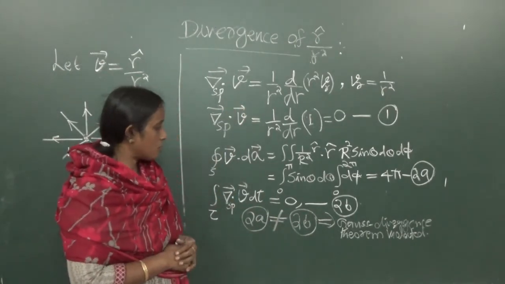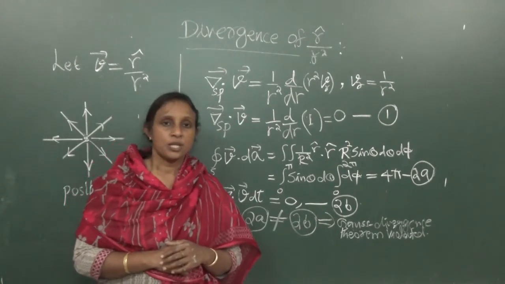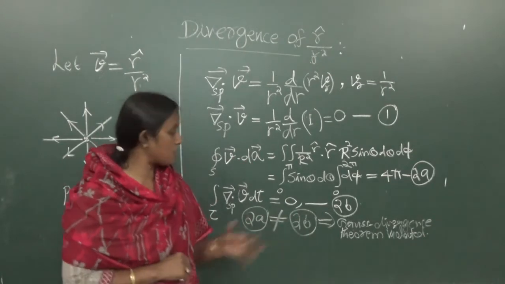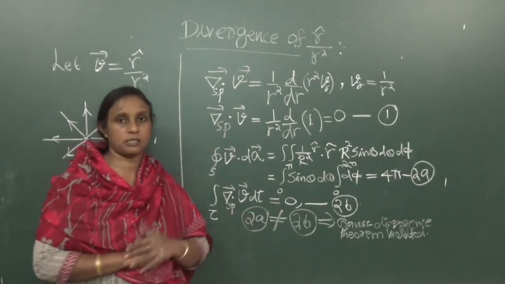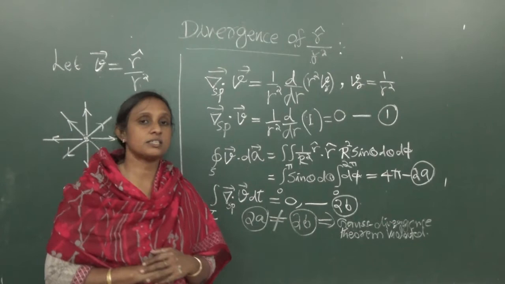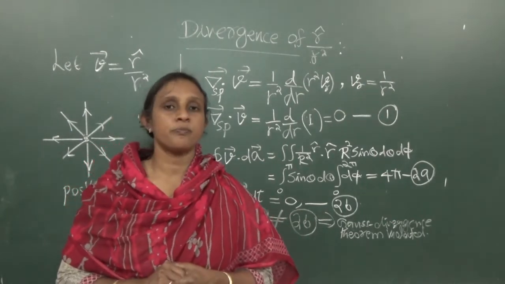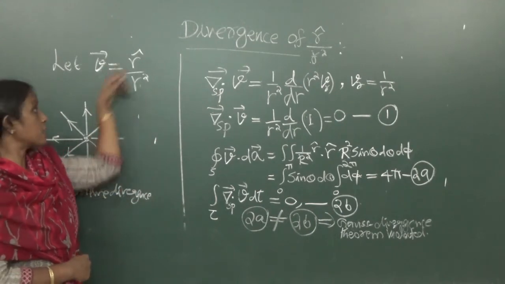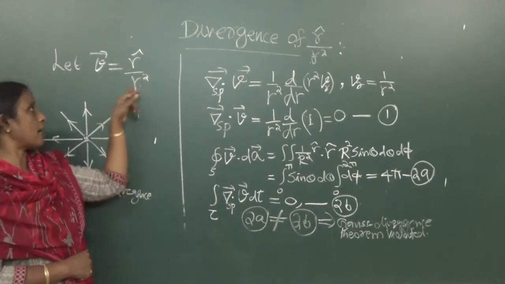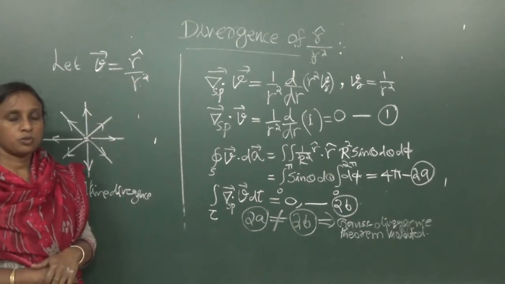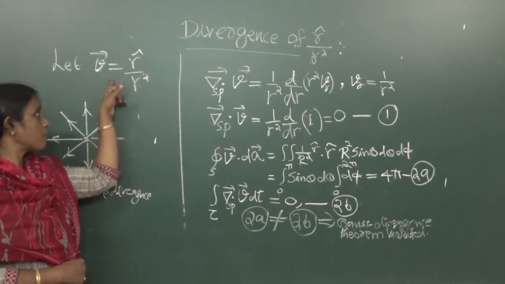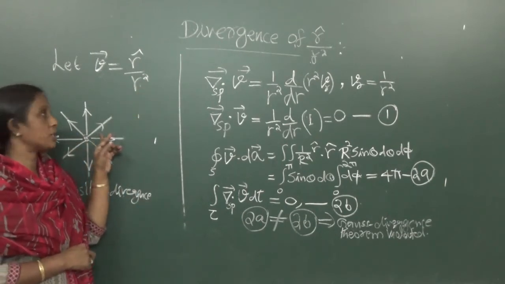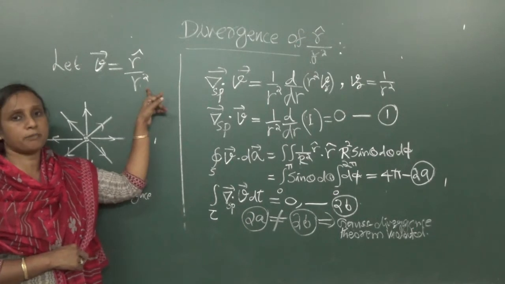Okay, so just remember all these things. If you find the divergence of r cap by r square, it will end up in some type of discrepancy like this. Why does this happen? Because this function r cap by r square is singular at r equal to 0. Why? Because at r equal to 0, that means at the origin, this function blows up.